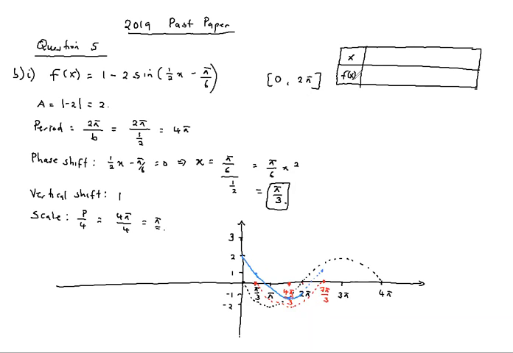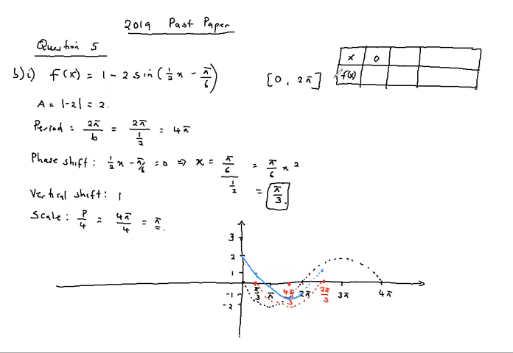You have to sketch from 0 to 2 pi, and so you know that you have to start from 0. You also know that if it was not restricted, yes, you could have completed the graph. You could have gone all the way up to 4 pi.